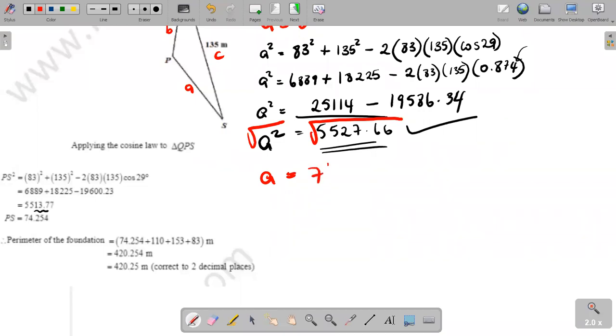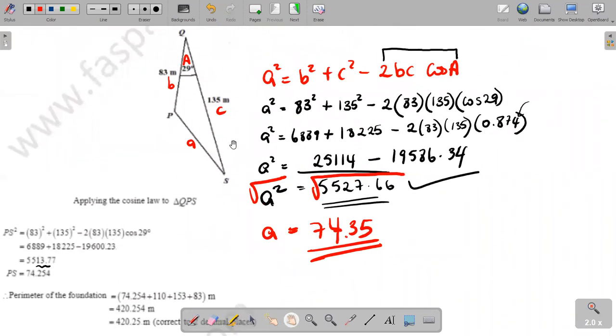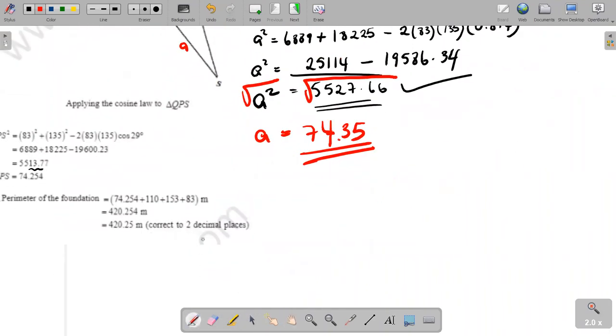If you use this number, you're gonna get 74.35 actually. And then you take this number and you add it to the other sides, which is what I did here, and that's how they find the perimeter.